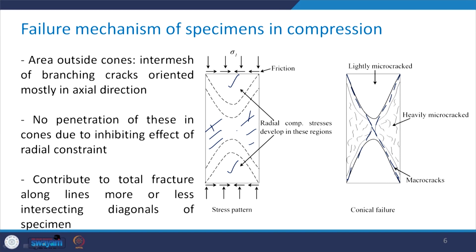Mostly along the diagonal direction they will have macro cracks, and finally at failure you will have this kind of situation where along the diagonal you will have the micro cracks, then you will have these two conical sections which will be free from micro cracks, and the remaining portion will be heavily micro cracked.